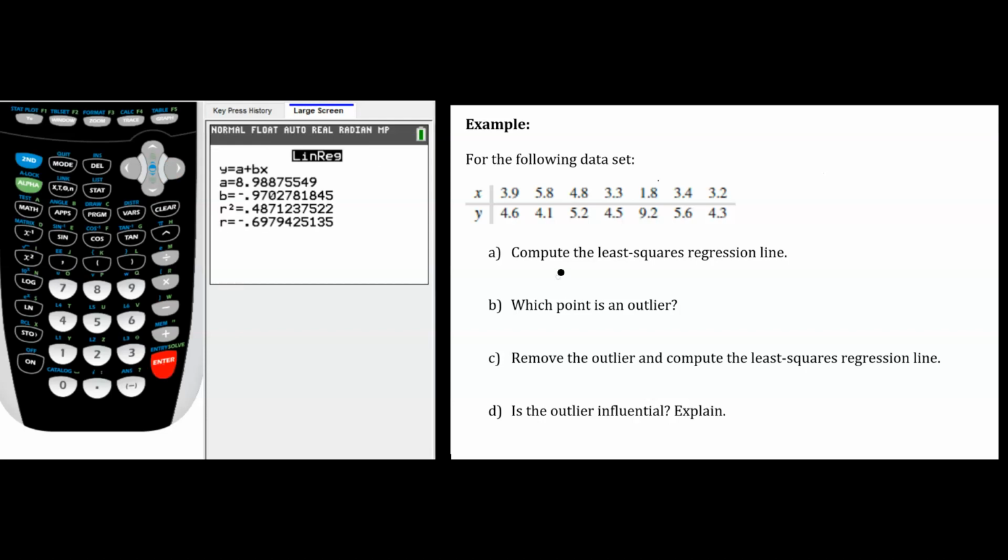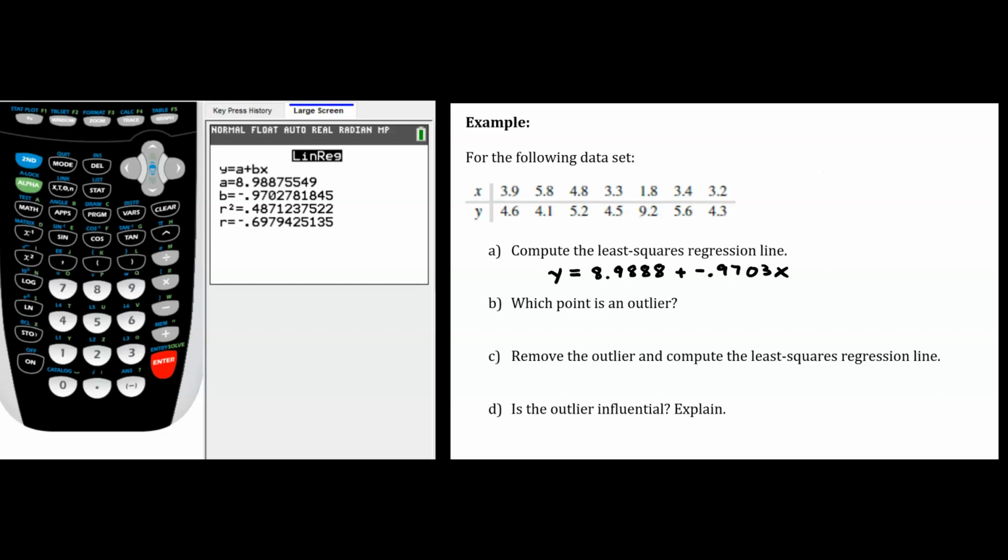When we press Calculate, we get the following regression line. I'm going to write this over here: y equals 8.9888, rounding to 4 decimal places, plus a negative 0.9703x, again rounding to 4 decimal places.